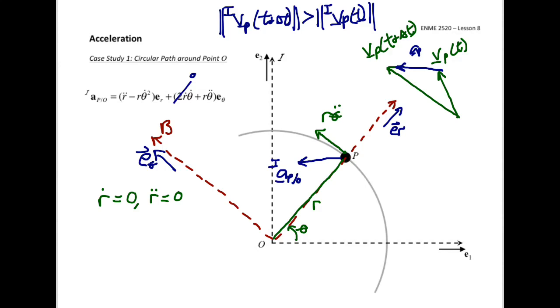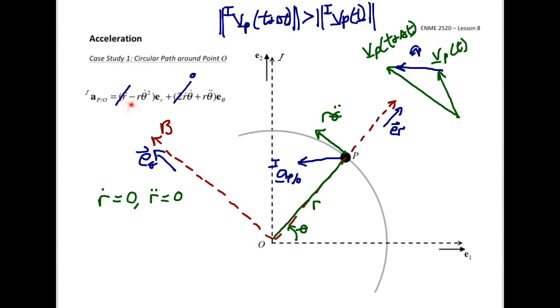Now let's take a look at the E sub r direction. And in the E sub r direction, okay, we have an r double dot minus r times theta dot squared. Now we've already said that in this case we are only traveling in a circle, so as a result this radius isn't changing, so we'll just set that equal to 0 in this case. But now we have this term that's a negative r multiplied times theta dot squared.